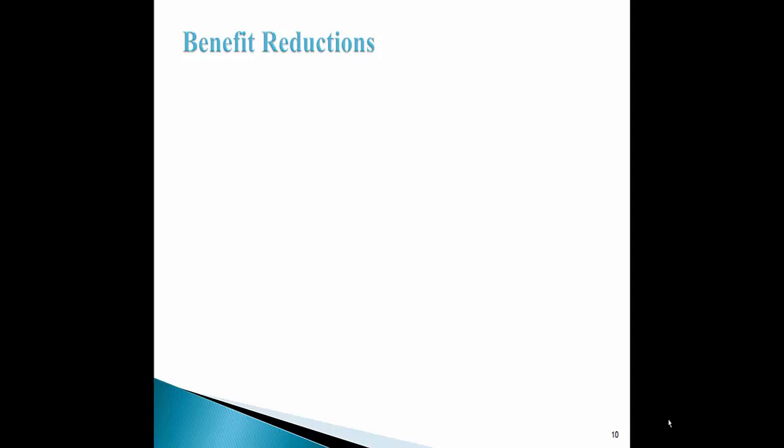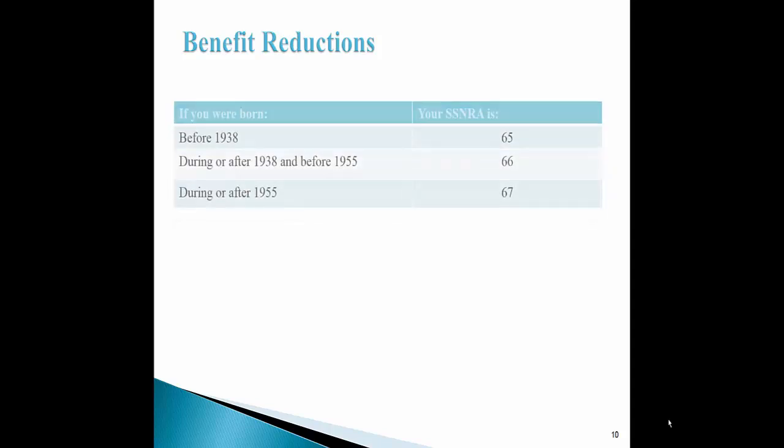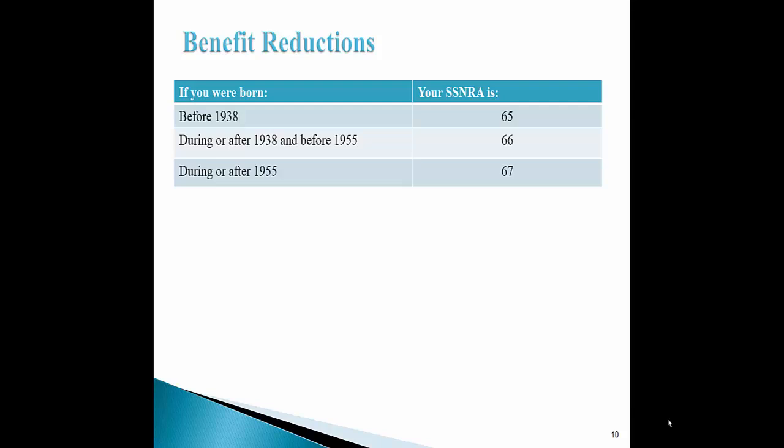Benefit reductions. This only impacts members of the optional integrated and mandatory integrated plans who will have a reduction in benefits at your Social Security normal retirement, or SSNRA, date. Based on the year of your birth, your county benefit will reduce at either age 65, 66, or 67.